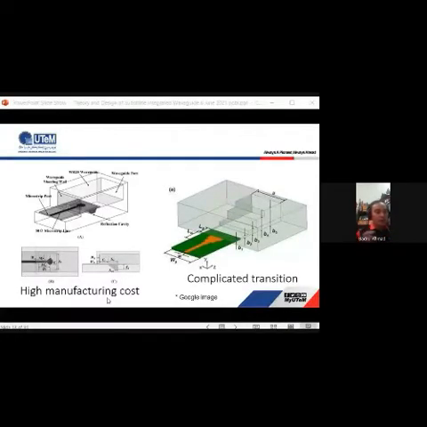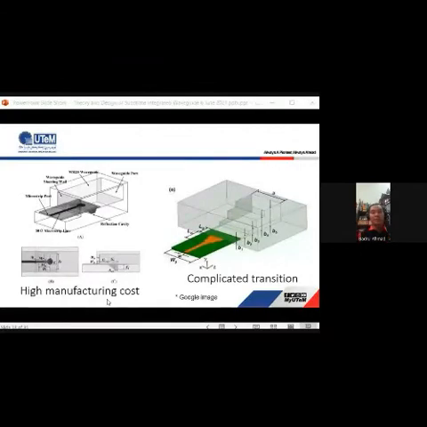Also the dimensions are in millimeters because you are working in the millimeter frequency range. So a small fracture or dimensional error would degrade the performance of the overall system. So the conclusion is that this concept involves high manufacturing costs and requires a complex transition. So what is the solution? Next.